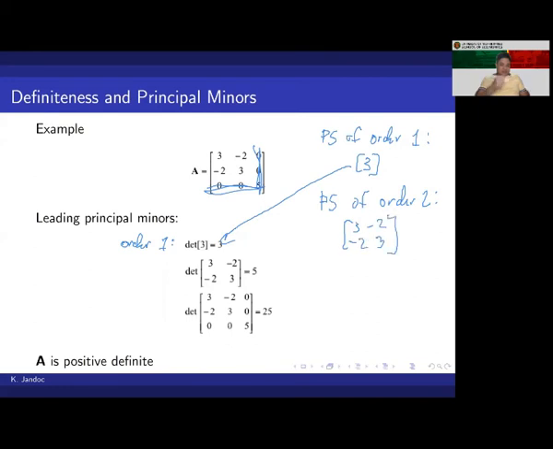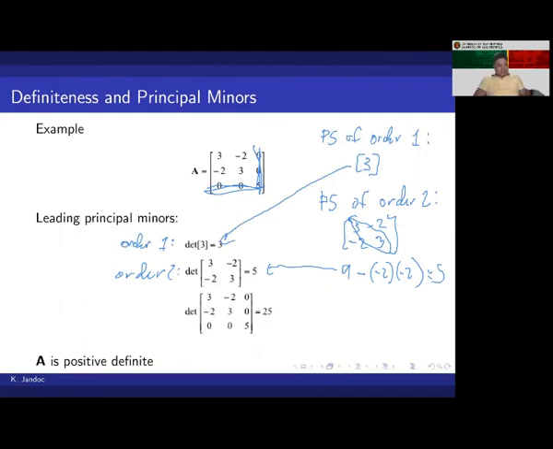Now to get the determinant, you simply multiply: it's 9 minus negative 2 times negative 2, which is positive 4. So 9 minus 4 is equal to 5. This is the leading principal minor of order 2.